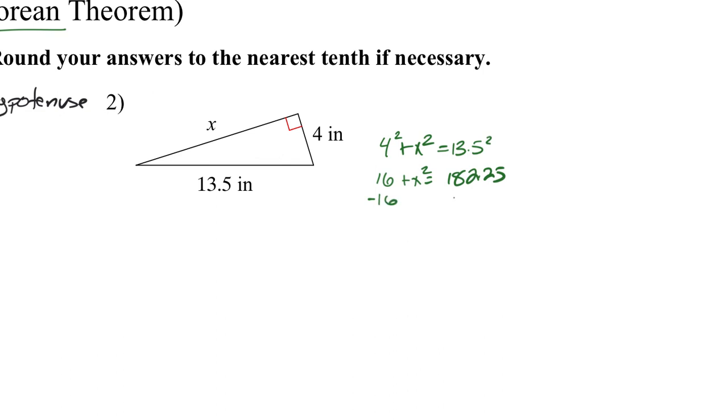And I'm going to subtract the 16 on both sides. That's x squared equals 166.25, and then the square root on both sides. That's going to give me 12.9 inches.